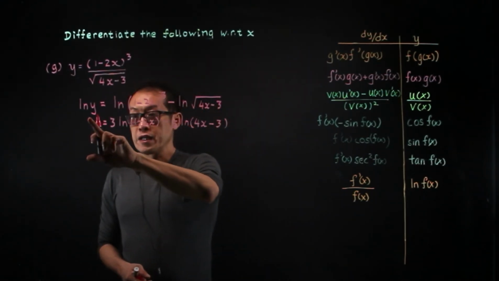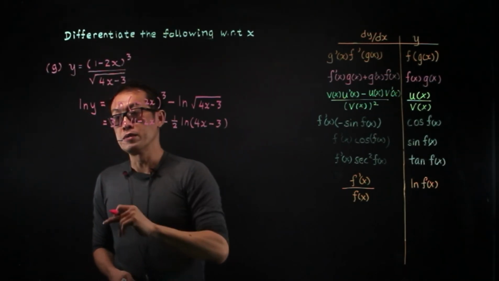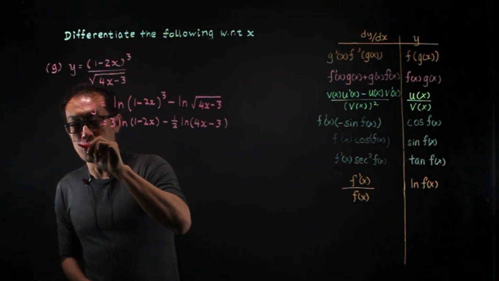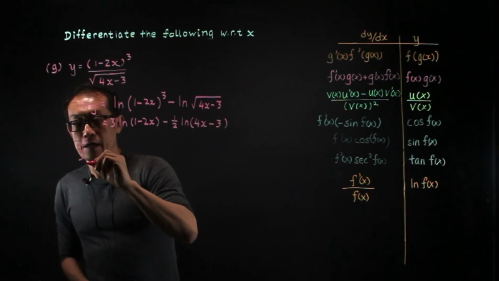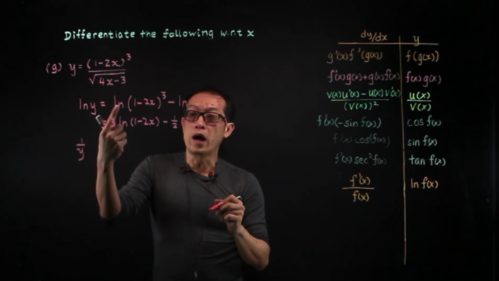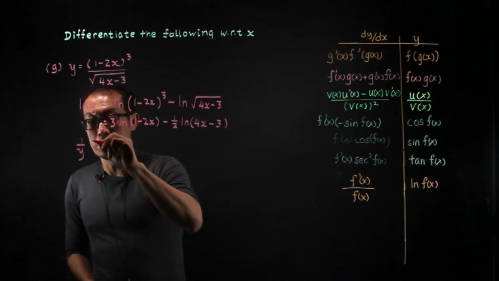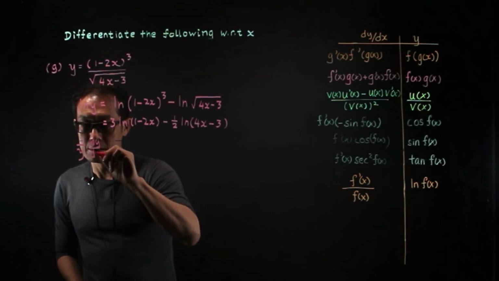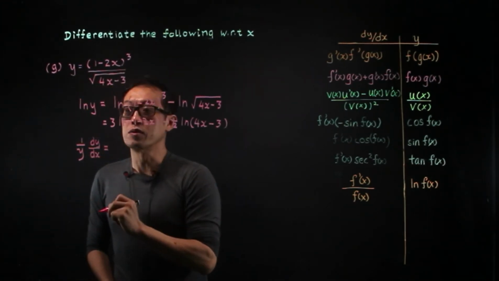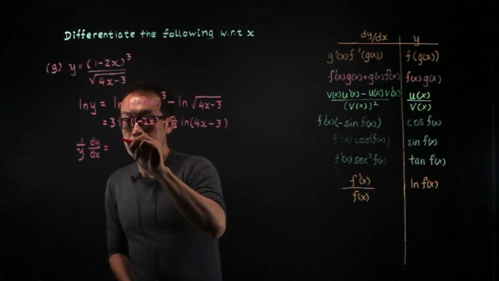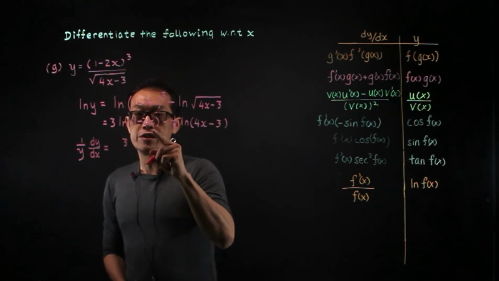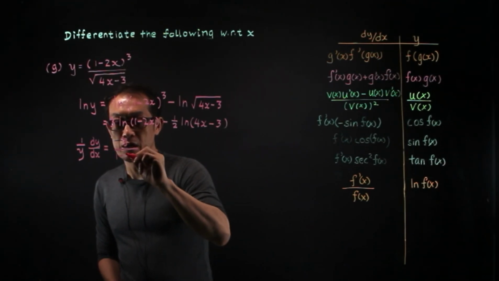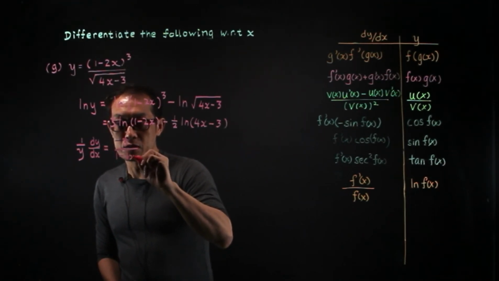So let's differentiate this. Now this is a composite function. The derivative of ln y is simply 1 over y, then you differentiate y with respect to x, so you get dy by dx. And that is equal to 3 times, now I differentiate ln, I get 1 over (1 minus 2x).